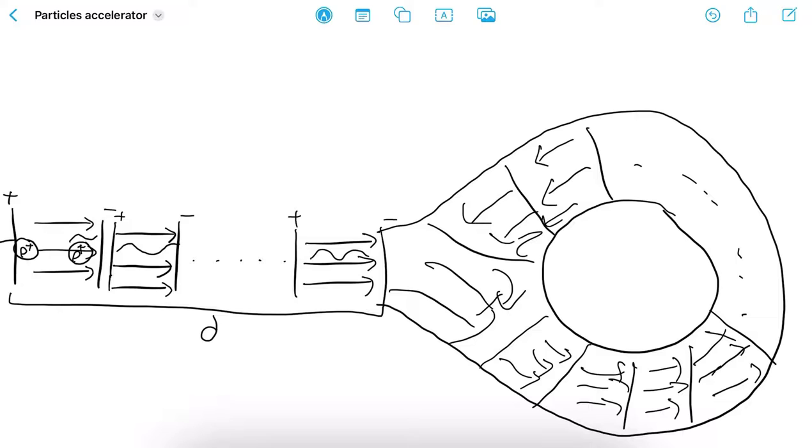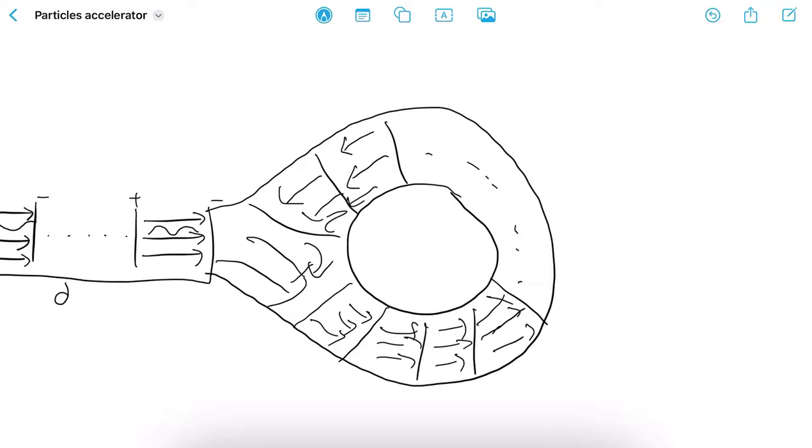So the stream of protons inside that circle will keep accelerating to very high speeds.